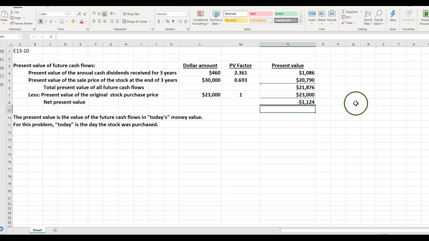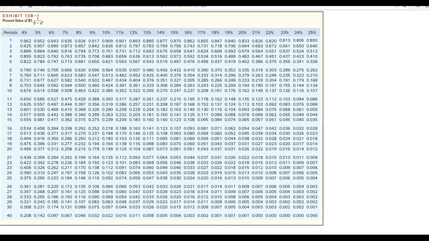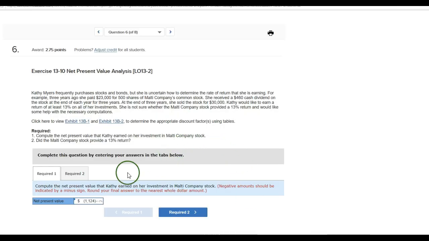So put equal, the future cash flow in today's money minus what we paid today. And you can see the net present value is a negative $1,124. And going back to the problem, right here, you can see that's the answer, a negative $1,124.